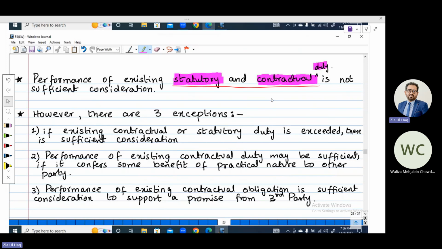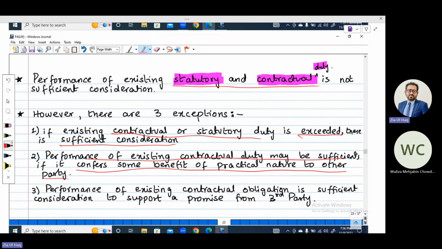However, there are three exceptions. If an existing contractual or statutory duty is exceeded, there is sufficient consideration, then you can claim something extra other than your normal wages. Performance of an existing contractual duty may be sufficient if it confers some benefit of a practical nature on the other party.